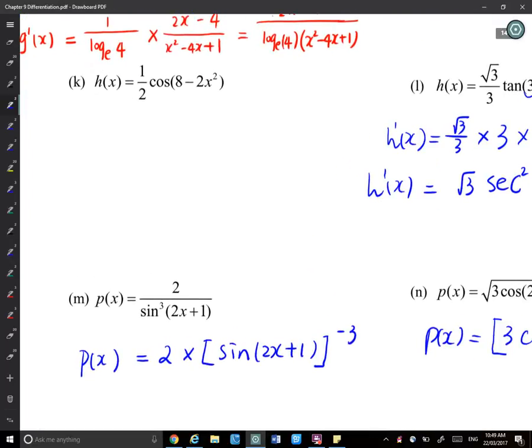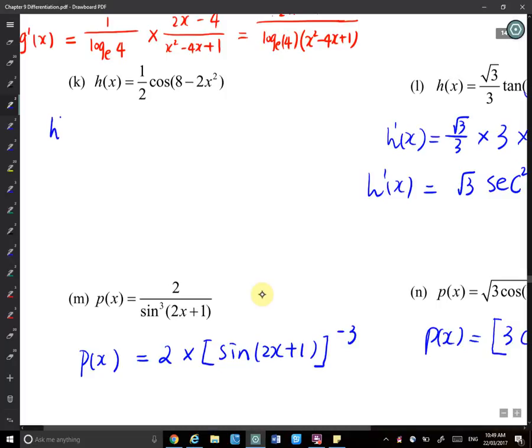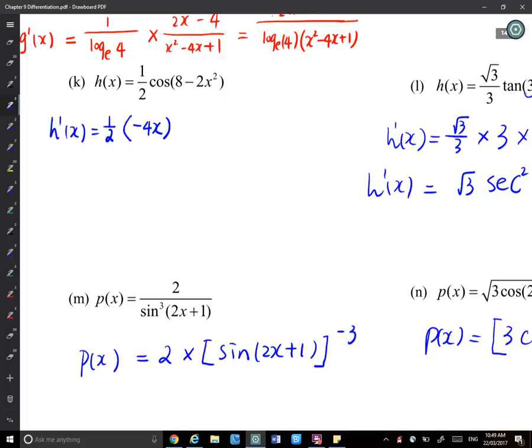First, h dash x equals a half. This half will not change. Derive the things inside, you directly derive the things in the bracket. So you have negative 4x. What does cosine become? Negative sine.